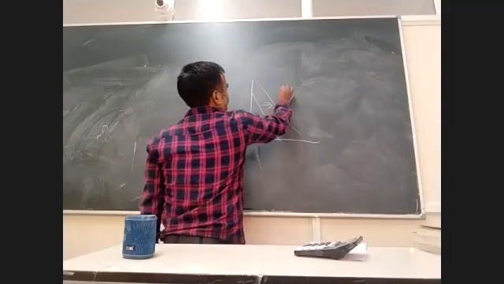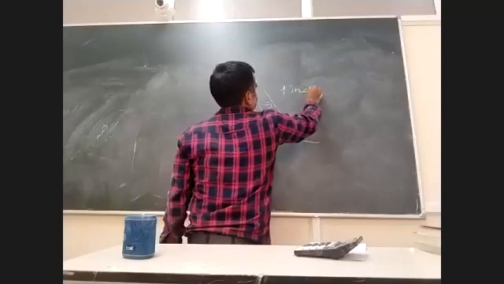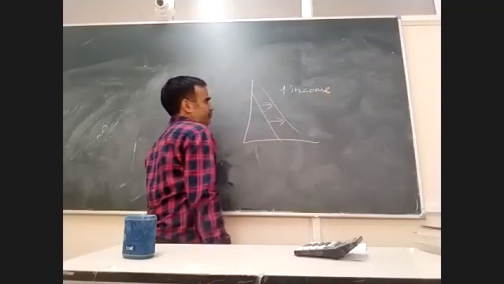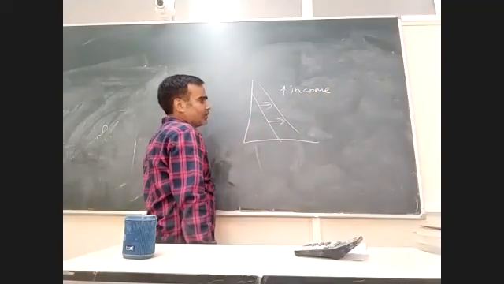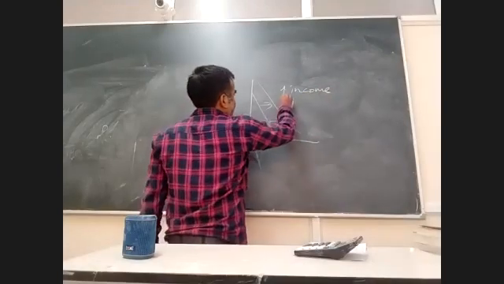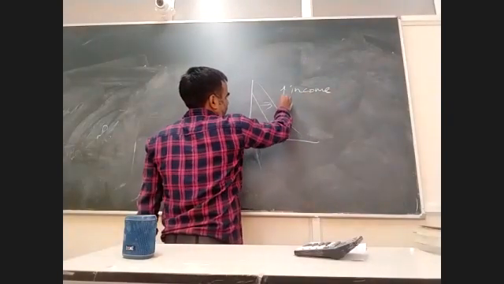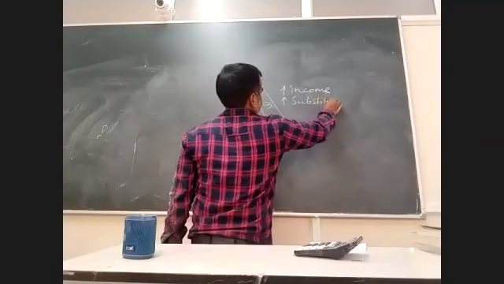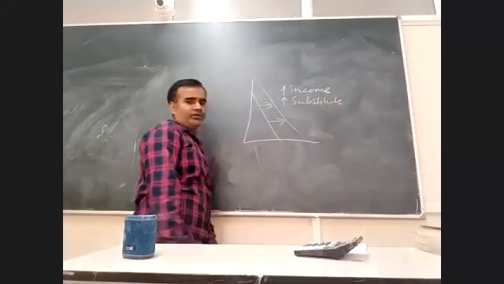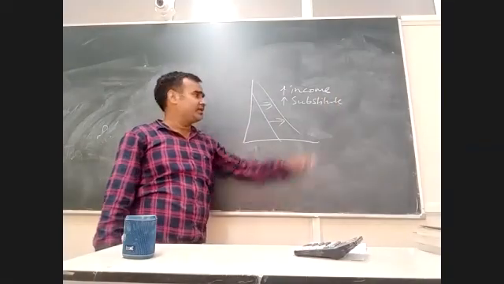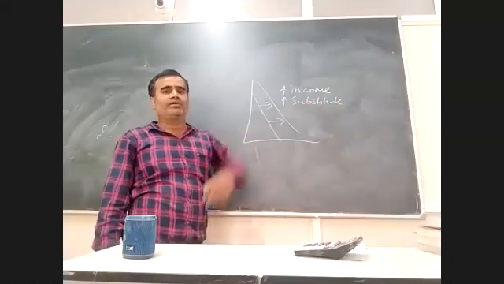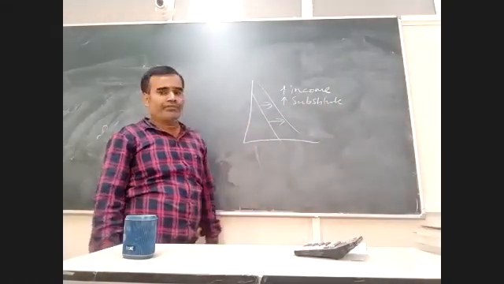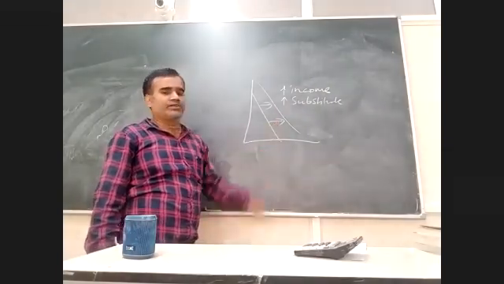Rightward shift may be because of increasing income, or decreasing price, or increasing price of substitutes. Increasing price of one product will lead to increased demand for the other, so rightward shift.